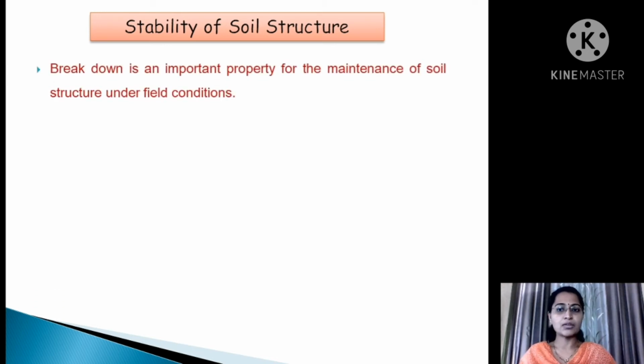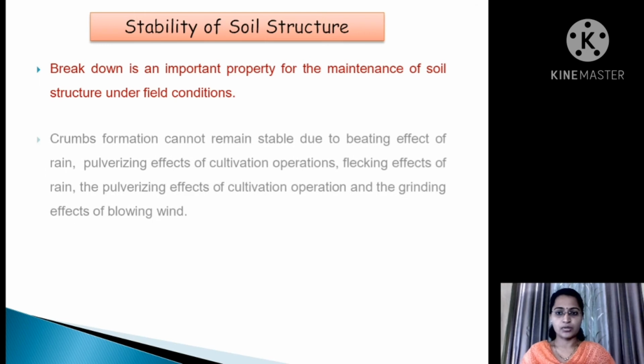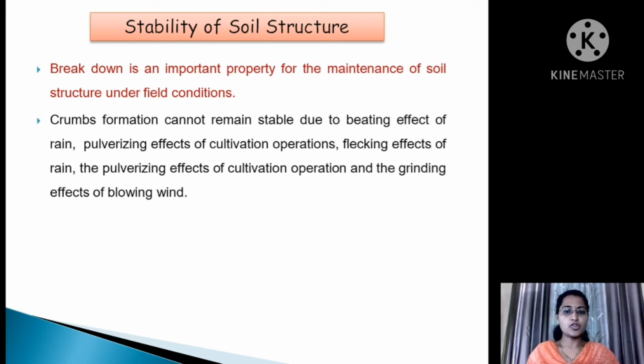Breakdown is an important property for the maintenance of soil structure under field conditions. That means whatever beds or clumps of soil form, they break down, and it's an important property for maintaining the soil structure. Crumb formation cannot remain stable.